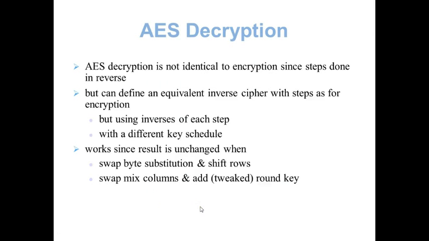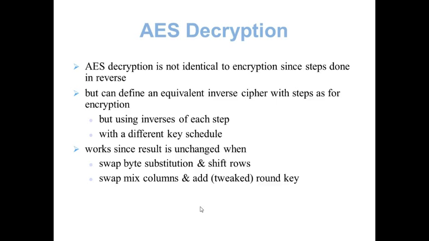As we go into the decryption process, the AES decryption cipher is not identical to the encryption cipher. The sequence of transformations for decryption differs from encryption, although the form of the key schedules for encryption and decryption is the same. This has the disadvantage that two separate software or firmware modules are needed for applications that require both encryption and decryption.